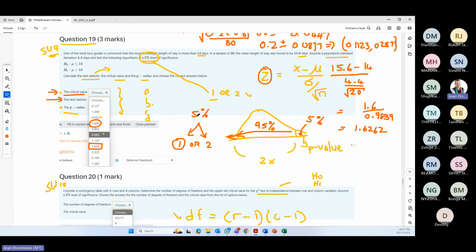If it was two tail, then suddenly that becomes 1.96. Okay, because then that portion in your tail needed to be split, so that would have been then 2.5%. Then you go to 97.5.